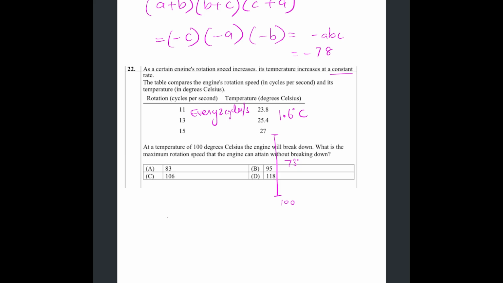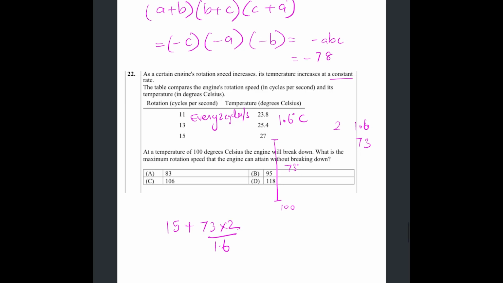Right? So if it increases by 1.6 degrees for every 2 rotations, what will the rotation speed end up being at 100 degrees Celsius? So 15 plus, for it to increase 73 degrees, we'll have to do 73 into 2 by 1.6, right? So this will be our answer.